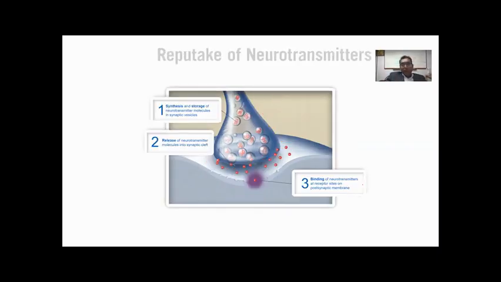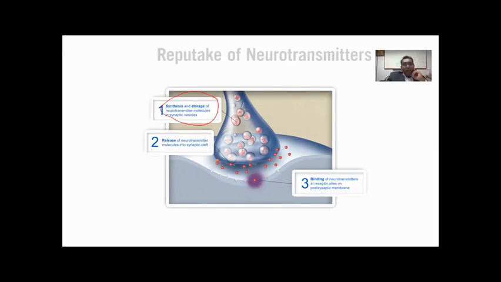So we can divide this transmission of information between two neurons at a synaptic junction into three important steps. Number one, the presynaptic neuron synthesizes the neurotransmitters and stores them in synaptic vesicles.